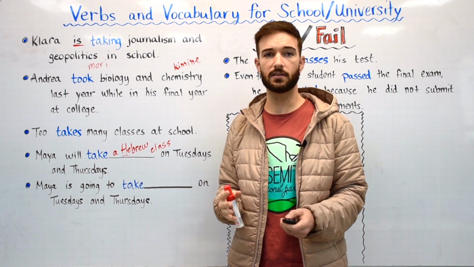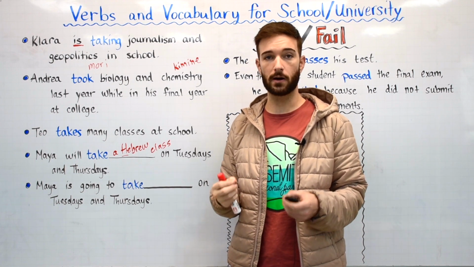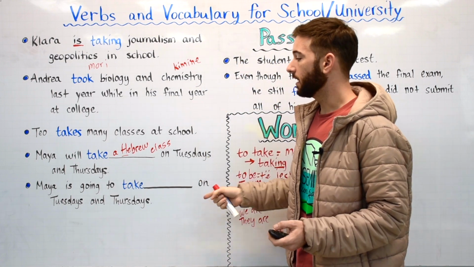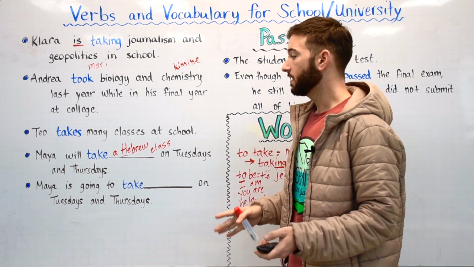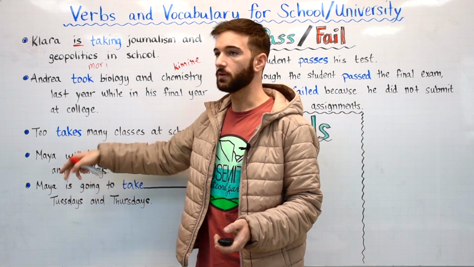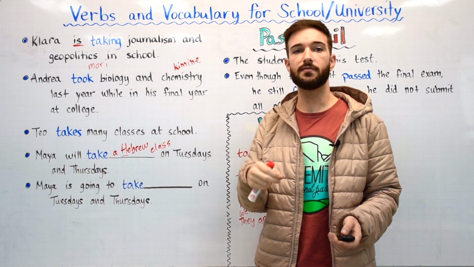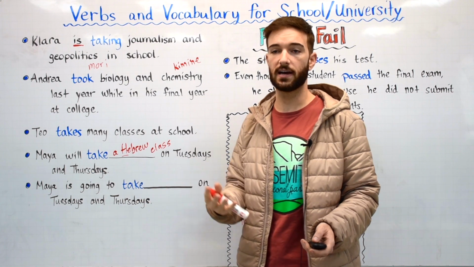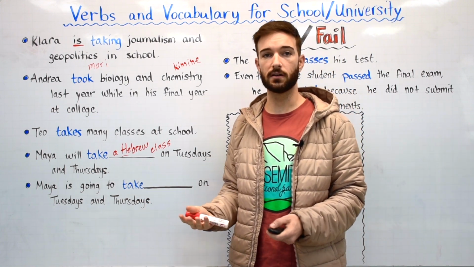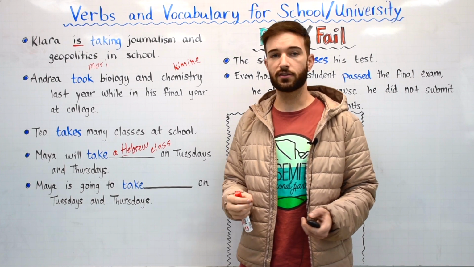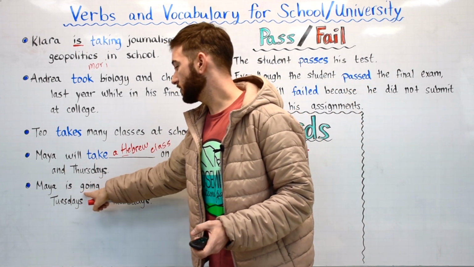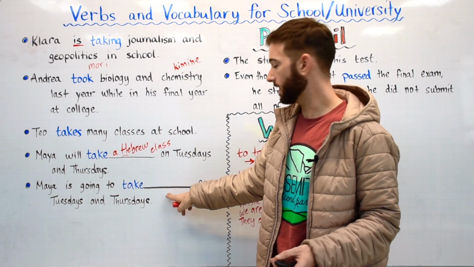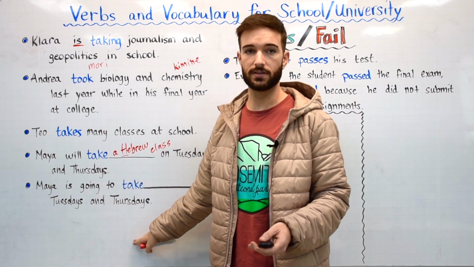Të gjithë emrat e tjerë të lëndëve nuk shkruhen me shkronjë të madhe, okay? Mbani mend këtë. Mirë? Let's go to the next one, okay? Për më tepër, fjala will, which is for the future, duhet të vijë gjithmonë përpara foljes to take, in this case, kur flasim për klasat që dikush do të marrë në të ardhmen. Mund të thuash gjithashtu this, is going. So, Maya is going to take, and then the name of the class, on Tuesdays and Thursdays, okay?